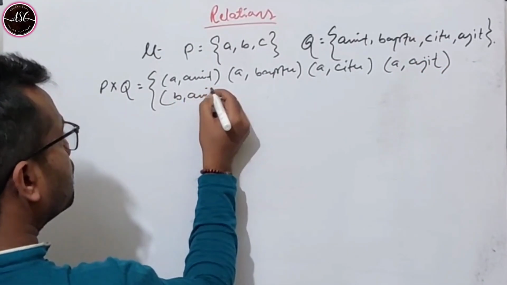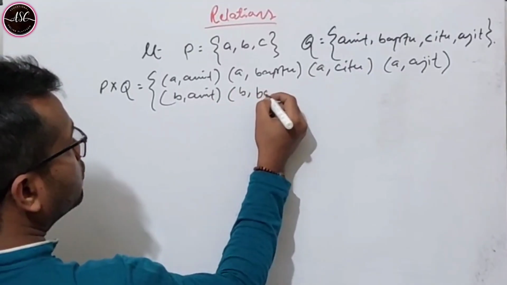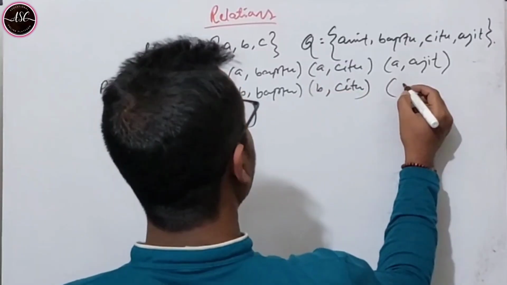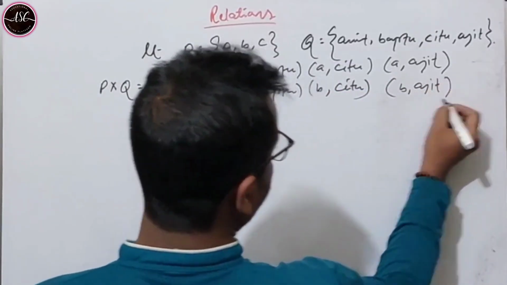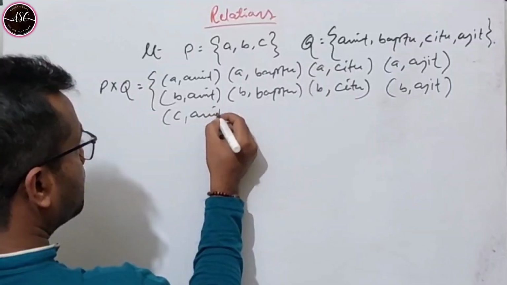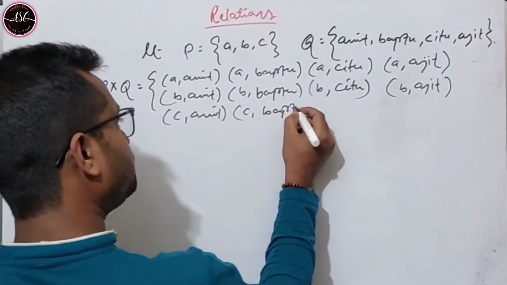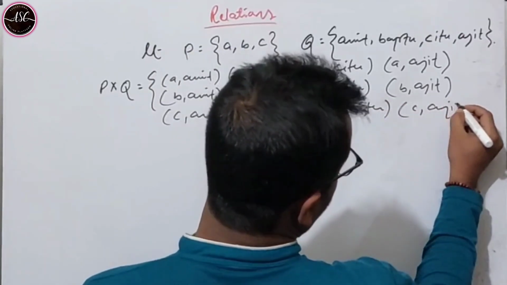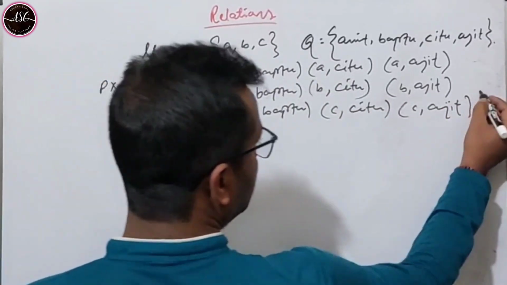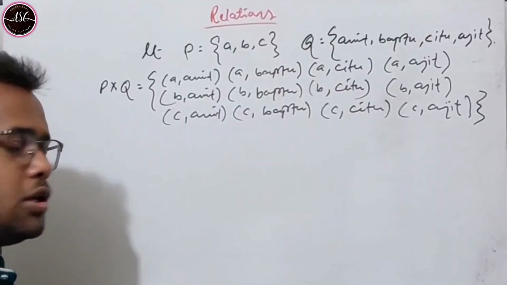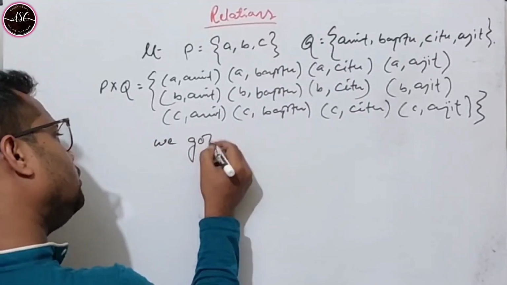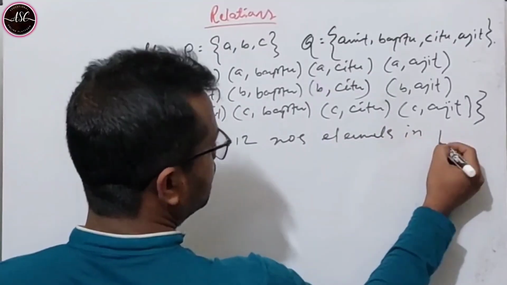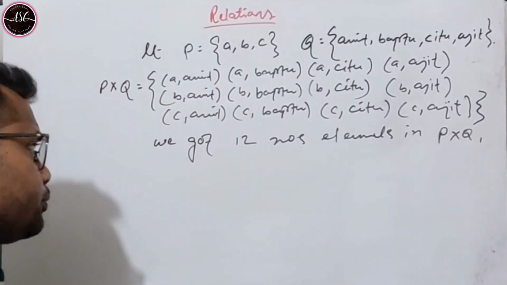B comma Amit, B comma Bhaktu, B comma Kitu, and B comma Ajit. C comma Amit, C comma Bhaktu, C comma Kitu, C comma Ajit. These are the elements of P cross Q. So we get 12 elements in P cross Q.